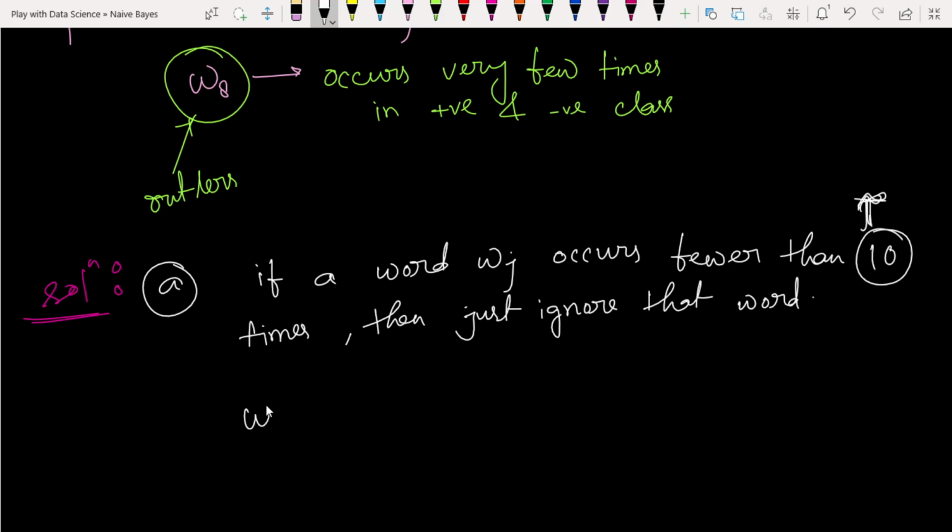We ignore these words and simply delete them from our training data.